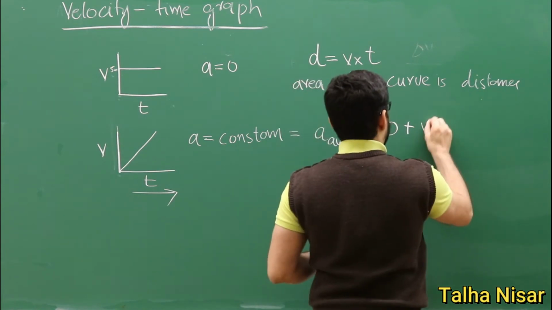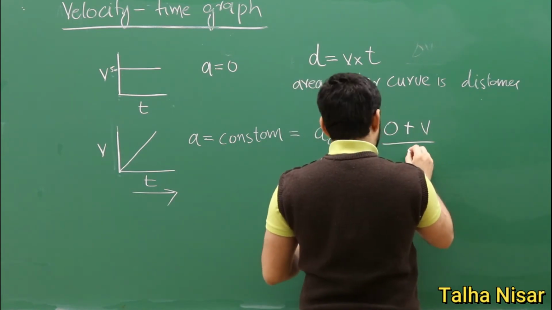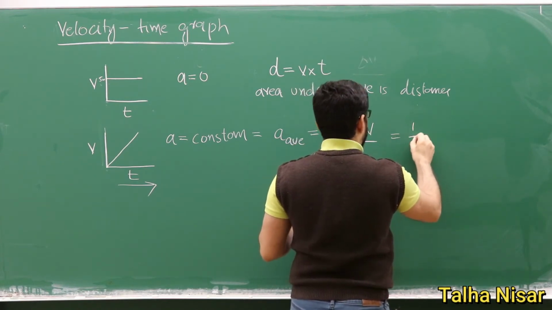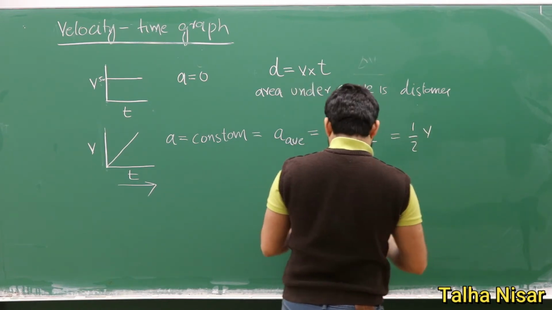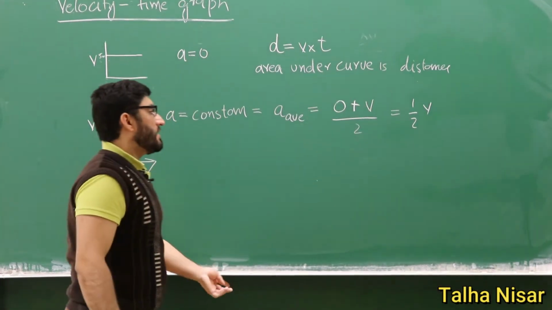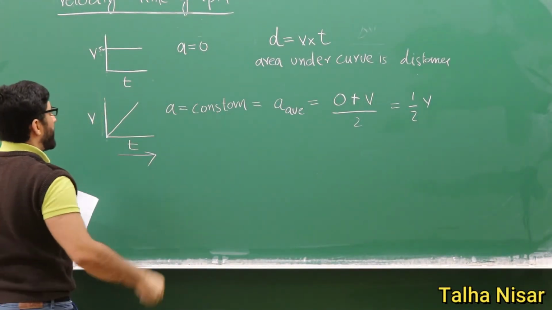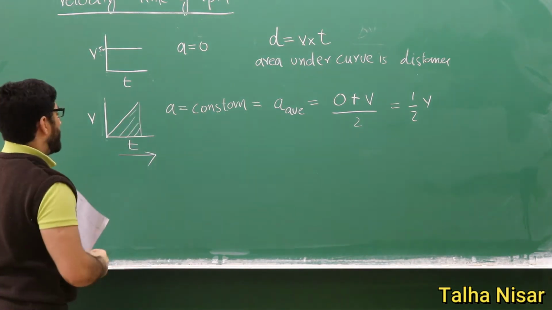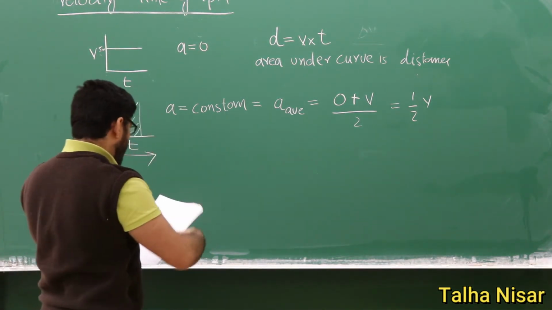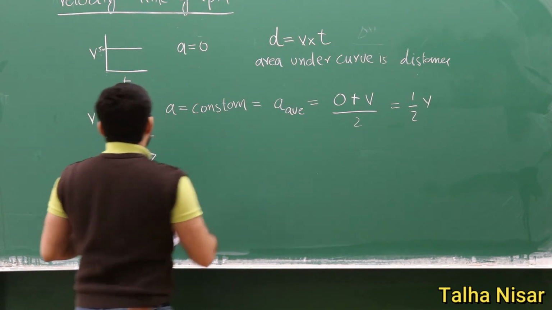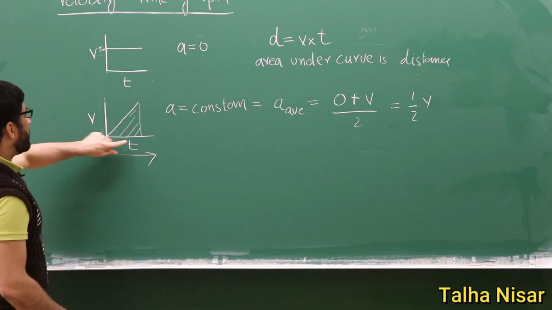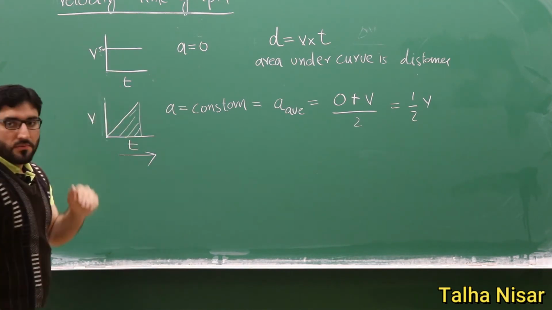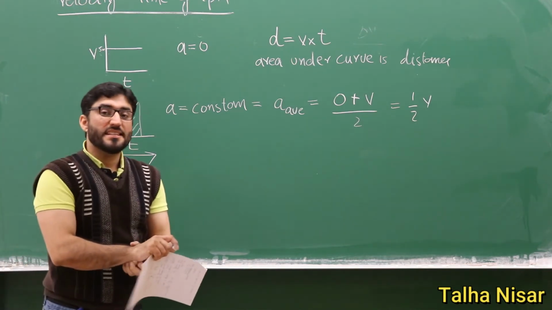And the area under the curve here is the total distance that is covered. This is a right angle triangle, so the area under the curve is the distance that is covered.